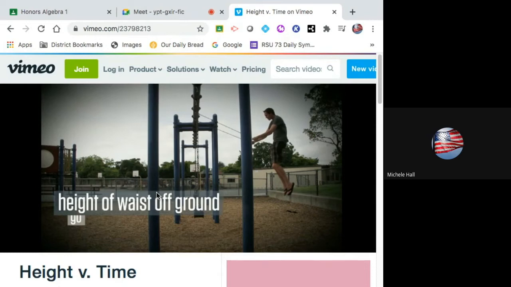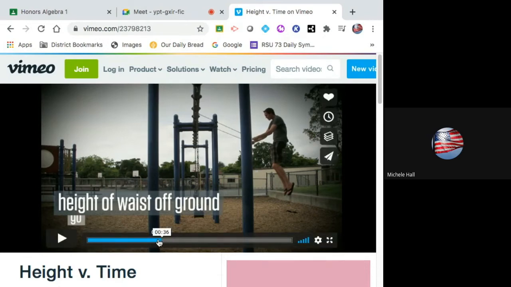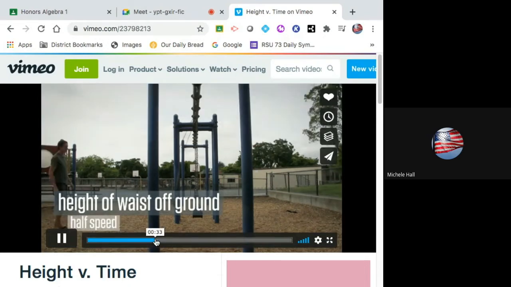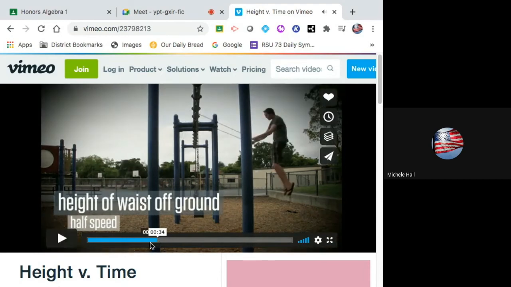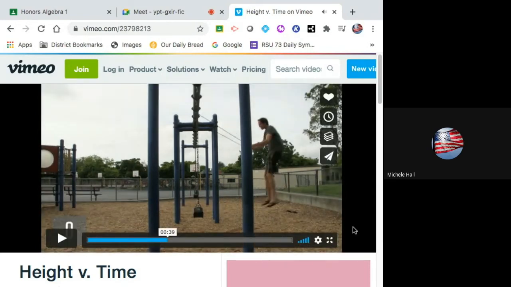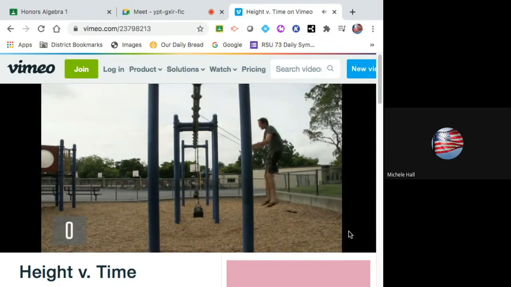Well, is that where he is at 0 seconds? Let me see. Okay, there's 0. So you're supposed to plot that. Where's 0 seconds on your graph? Plot how many feet you think his waist is in the air. You're just making an educated guess.